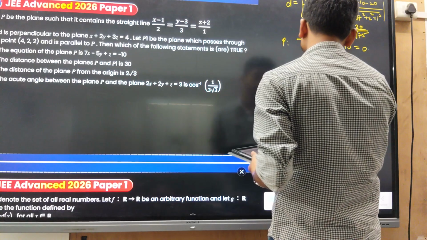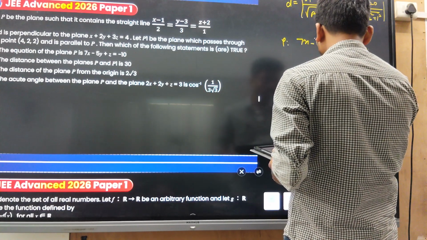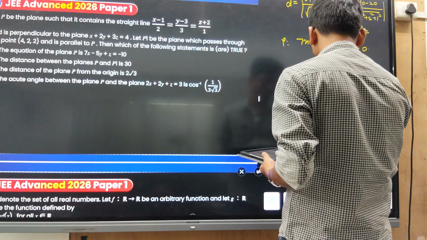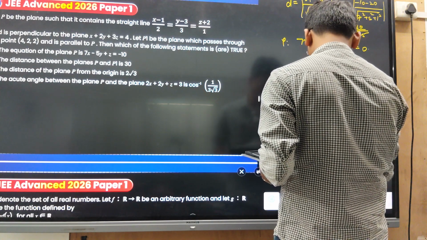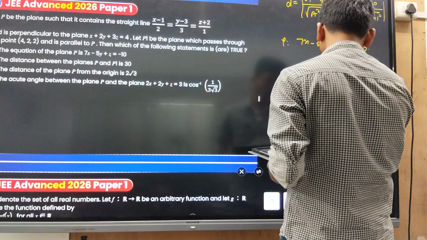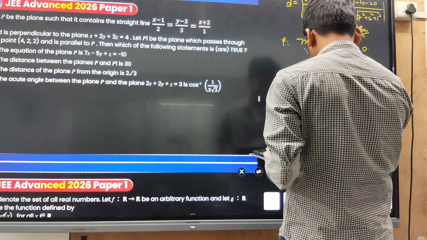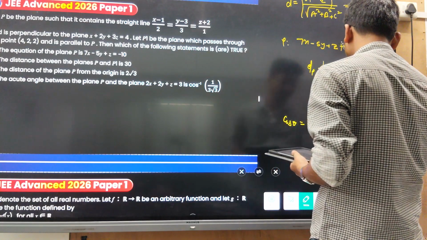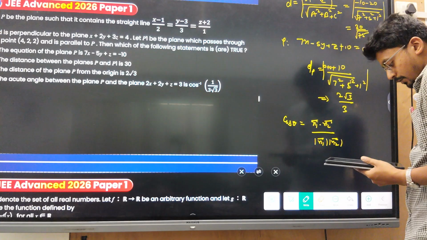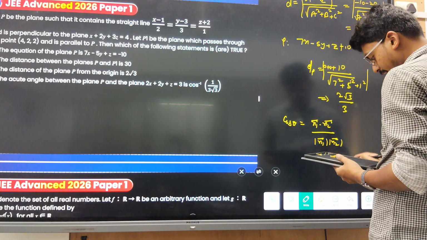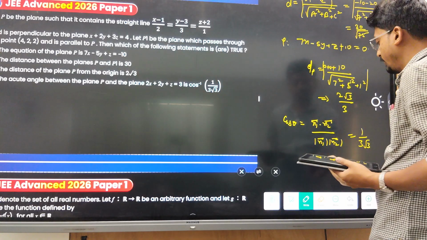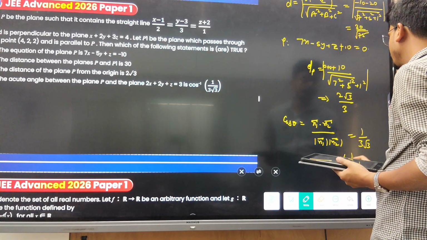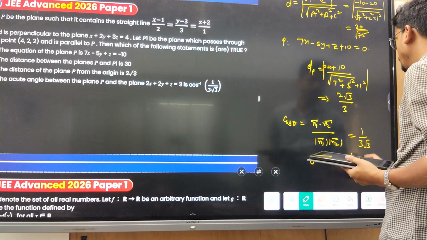So cos theta equal to n1 vector dot n2 vector upon mod of n1 vector times mod of n2 vector. So what value are we getting? 1 by 3 root 3. So theta equal to cos inverse 1 by 3 root 3.